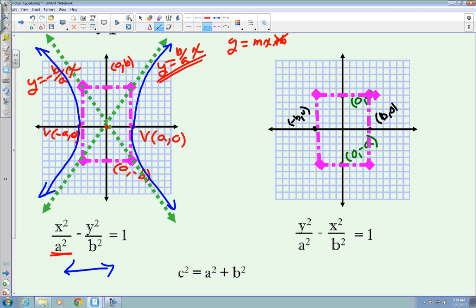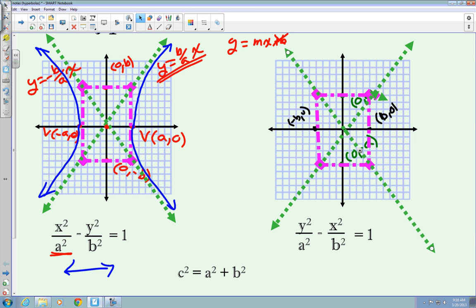Then I draw my asymptotes. Make sure you extend them out past the rectangle. You can see where the arms of your hyperbola are. The difference over here is, since the y squared was first, that's your vertex. So it's going to open this way.